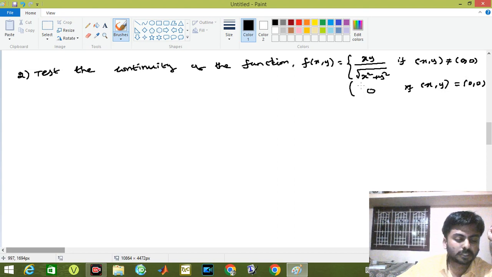So this is the problem they have given. Test the continuity of function f of x comma y at the origin.